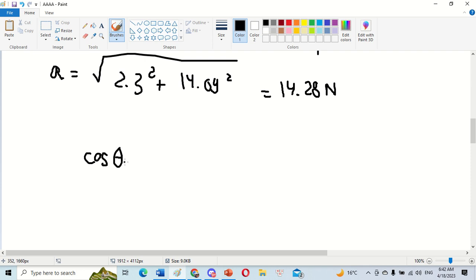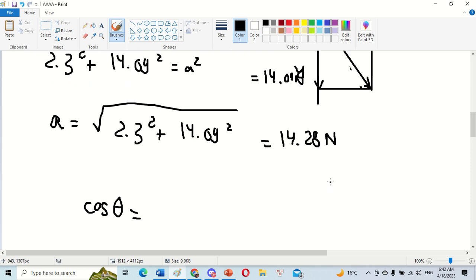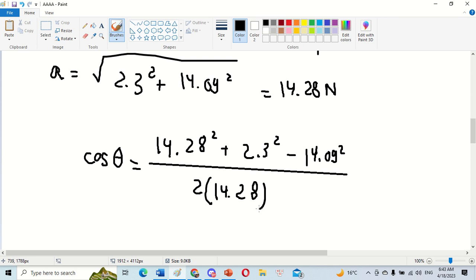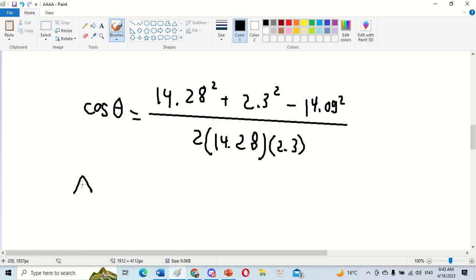Cosine theta is 14.28 to the power of 2 plus 2.3 to the power of 2 minus 14.09 to the power of 2, over number 2 multiplied by 14.28 and 2.3. This is the formula.